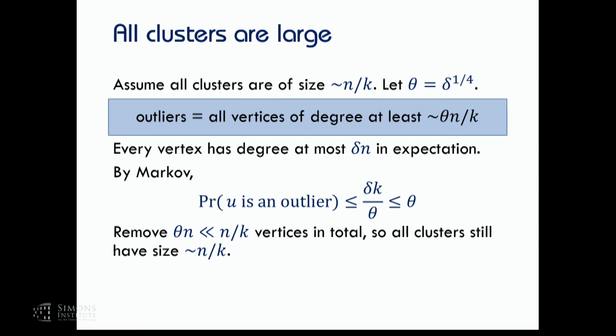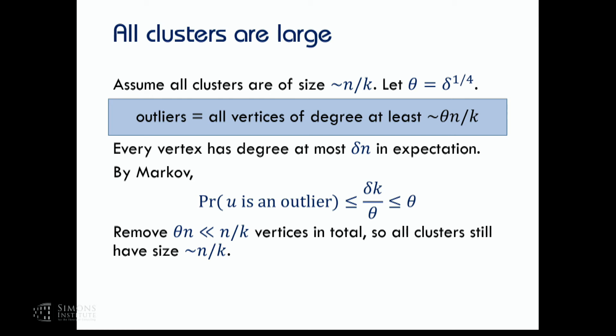And finally, since we remove every vertex with a very small probability, it's likely that we will remove a very small fraction of the vertices. And because of that, it's unlikely that any cluster will significantly shrink.